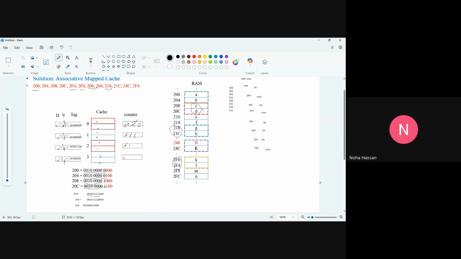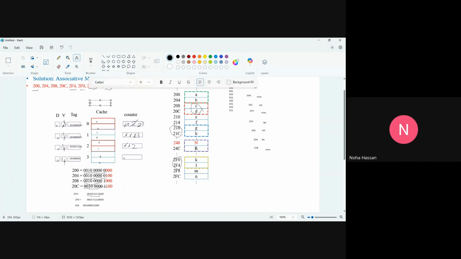So this one, instead of 1, will become 2. This one will become 3. And this one will become 1. Right? Okay, perfect. So 218 was a miss.